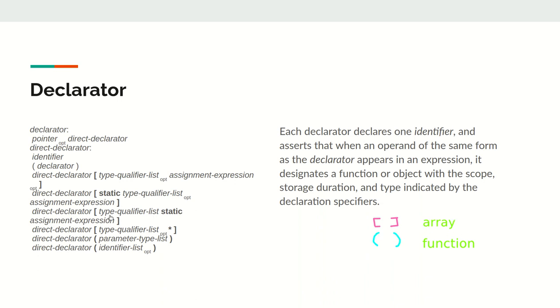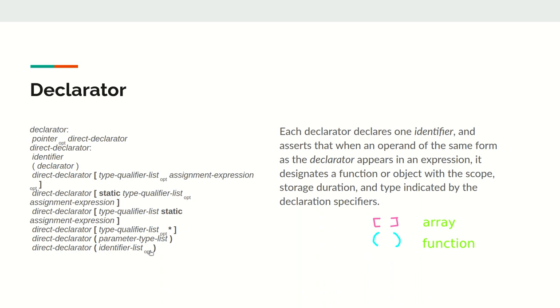And if you see rounded brackets like this, a direct declarator with rounded brackets on the left and right, this is a function. This direct declarator can have a parameter type list within the rounded brackets of the function, or an identifier list.